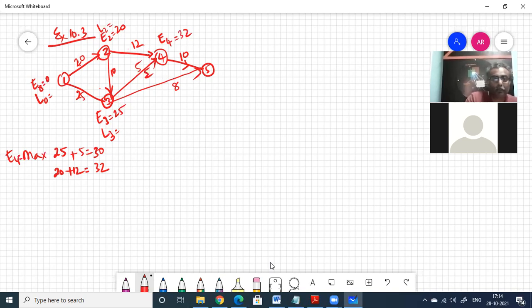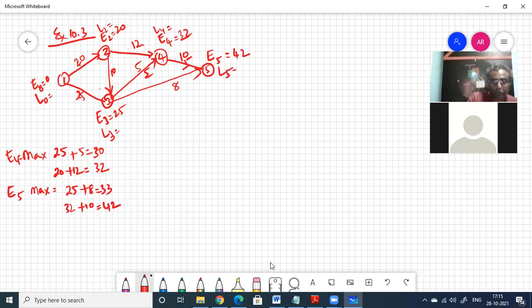Then E5 also has two things. E3 is 25 plus 8, which is 33, or 32 plus 10, equal to 42. So E5 is equal to 42.